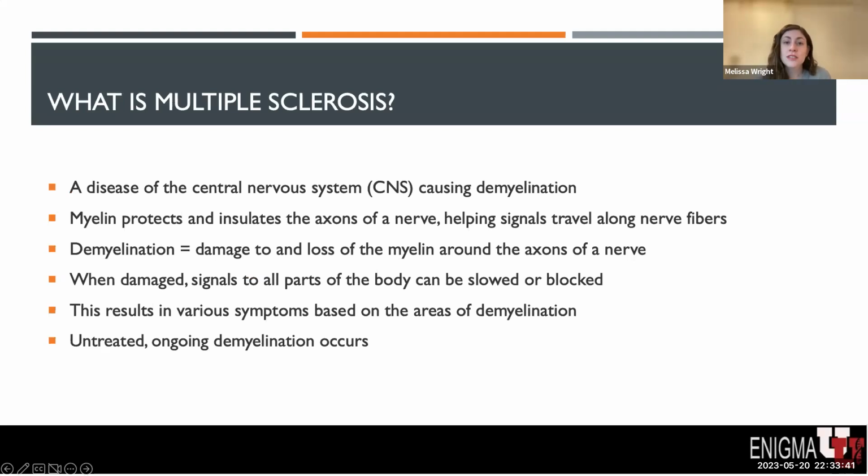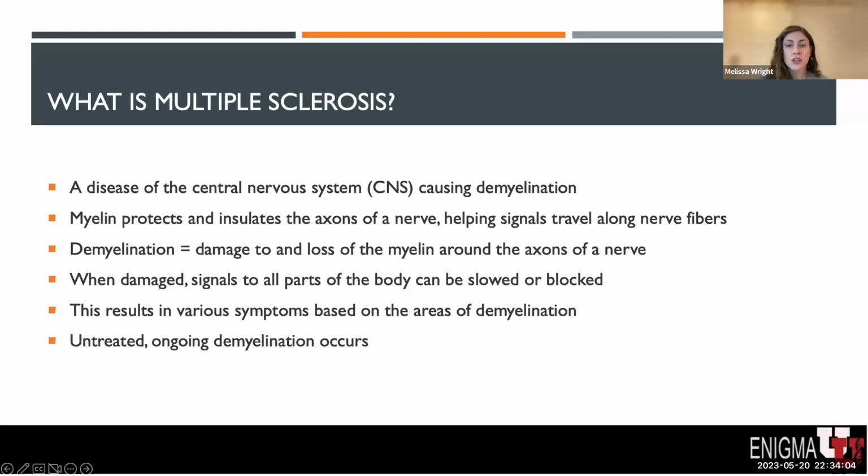Multiple sclerosis is an immune-mediated disease of the central nervous system, causing episodes of demyelination. Myelin protects and insulates the axons of a nerve, helping signals travel along nerve fibers to control the body. Demyelination is damage to and loss of myelin around the axons of a nerve.